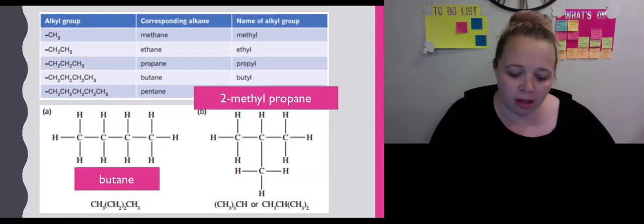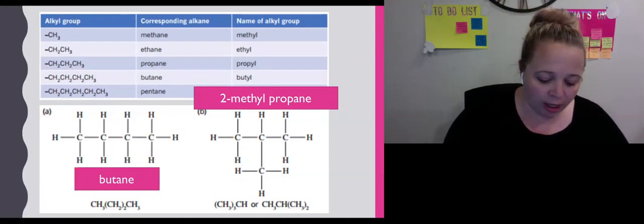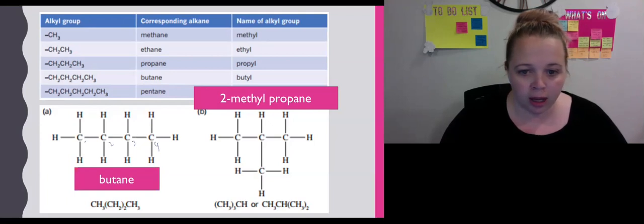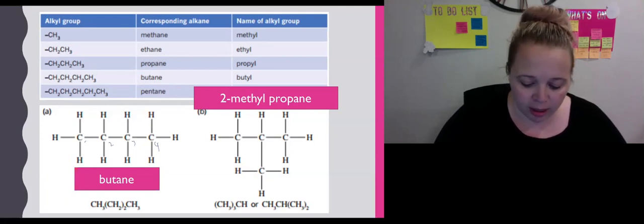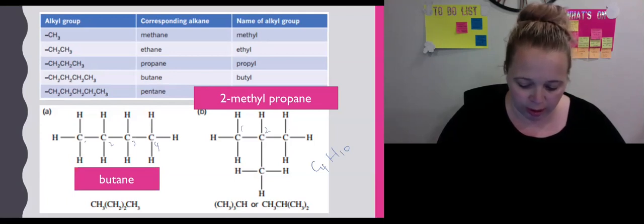So you can see here on the left that what I have here is actually butane, traditional butane, because you've got 1, 2, 3, 4 carbons as you go across. But then this one over here is still butane by formula. Yeah, so they are both C4H10. But this one, the longest chain, no matter which way you go, so you can go 1, 2, 3 across that way, or you can go 1, 2, 3 down here.